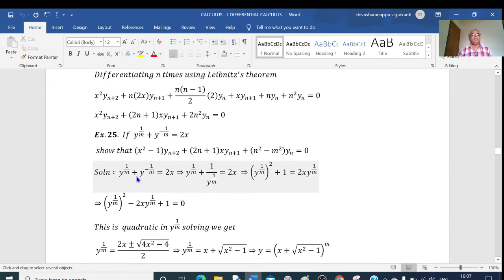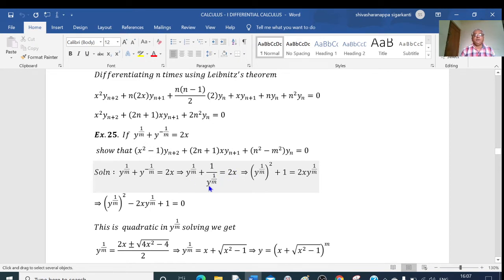y to the power of 1 by m plus y to the power of minus 1 by m is equal to 2x. This implies y to the power of 1 by m plus, writing this in the denominator, 1 by y to the power of 1 by m, is equal to 2x.